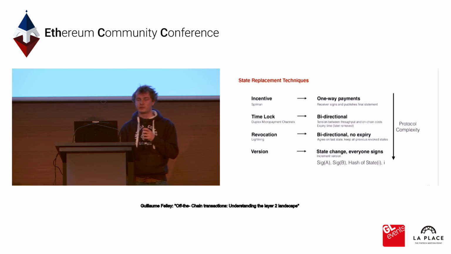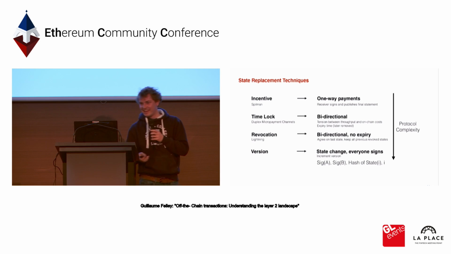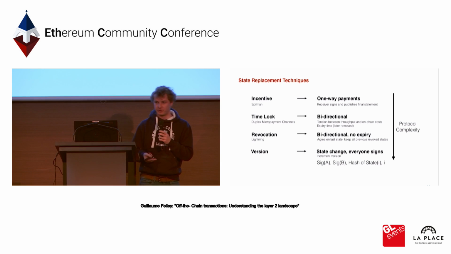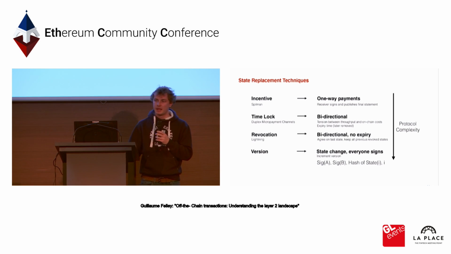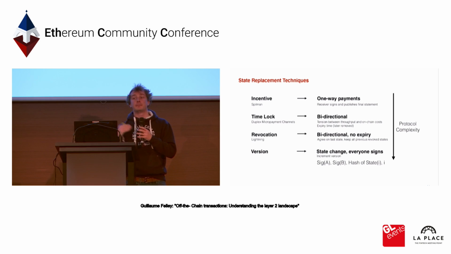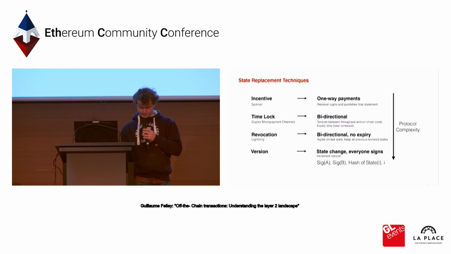In a one-way channel, you don't need any dispute resolution mechanism, because as the recipient of a transfer, you will always submit the latest state unless you are silly and you want to lose money. Then we have seen the emergence of time locks with the duplex micropayment channel paper, and this basically allows for bidirectional payment channels by introducing an expiry time.